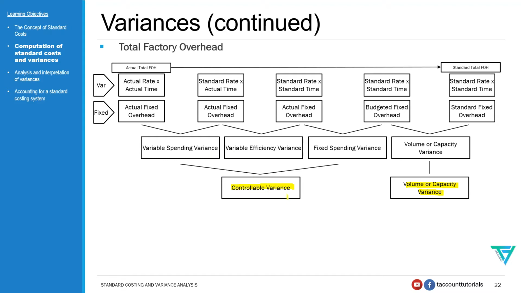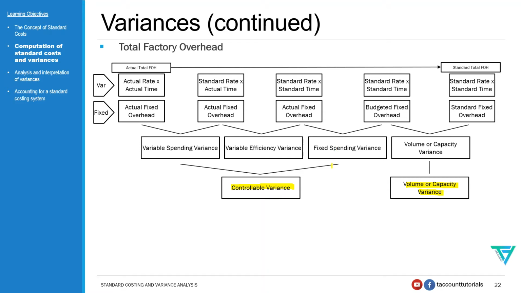So controllable variance means that these are the variances wherein the production supervisor has some sort of control over their incurrence, right? As compared with the volume or capacity variance, as we've discussed in the previous slide, it is the least likely variance which can be controllable by the production supervisor.